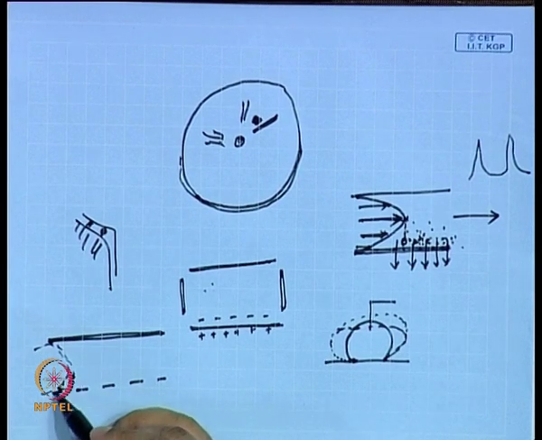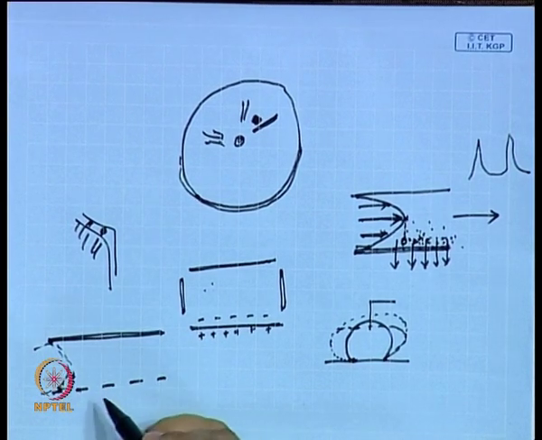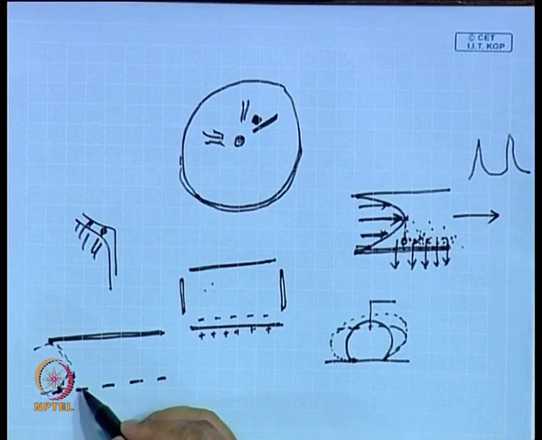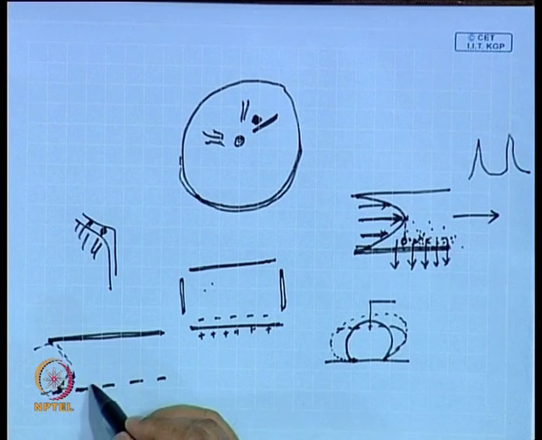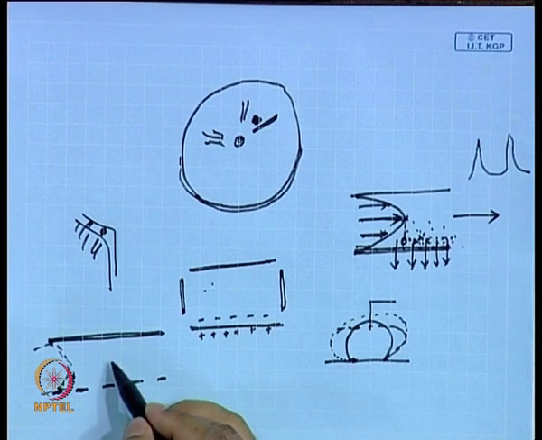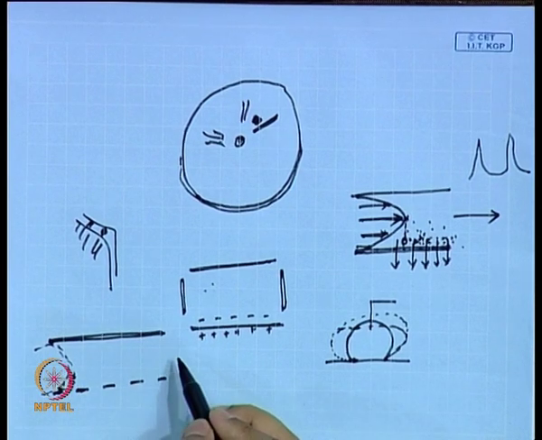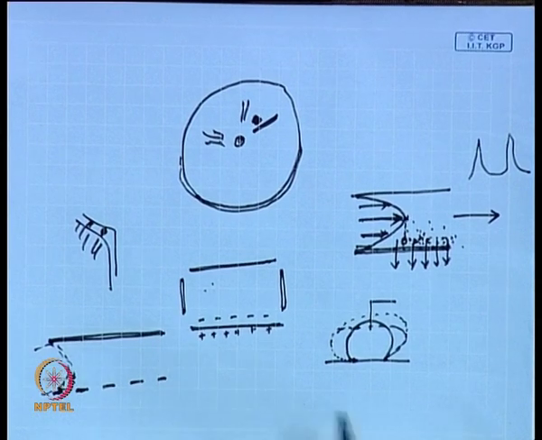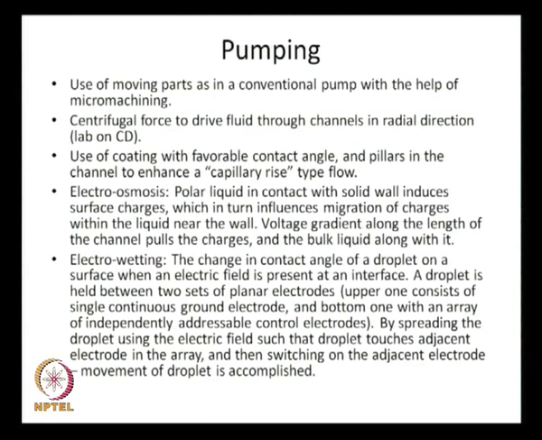Then you switch off this electrode, since these electrodes can be controlled separately, and introduce the electric field through the next electrode. Automatically this droplet will be picked up by that electrode and the same process will continue. So, you will see this droplet rolling down through this electrode assembly by this phenomenon. That is exactly what I mean by electro wetting here.